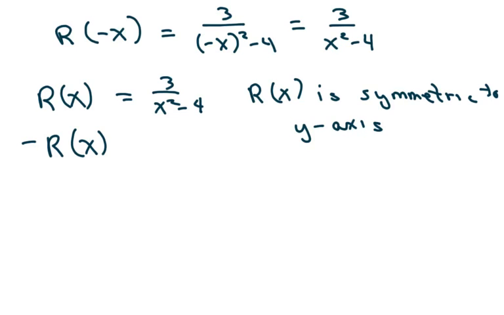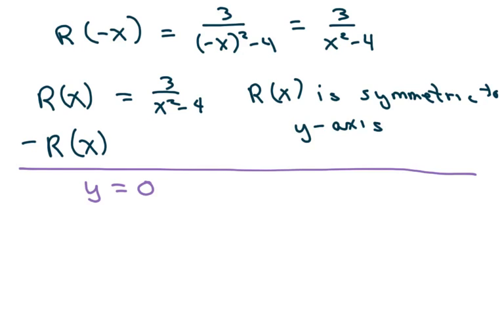Okay, we already did the vertical asymptotes, and we'll do it on the same slide. Our horizontal asymptote was y equals 0.